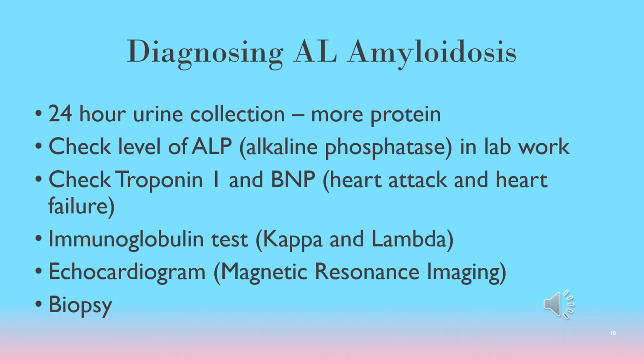Now, depending on the organ that is affected, then they will do a biopsy. They can either biopsy the kidney, or they can biopsy the heart through a pericardial window. They may want to take some tissue from the liver. They may want to take some tissue from the intestines.